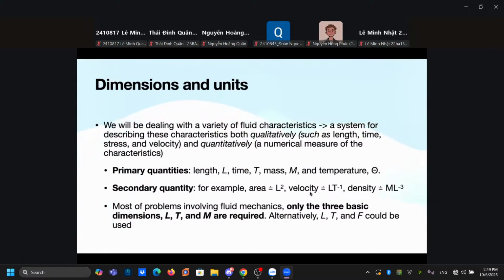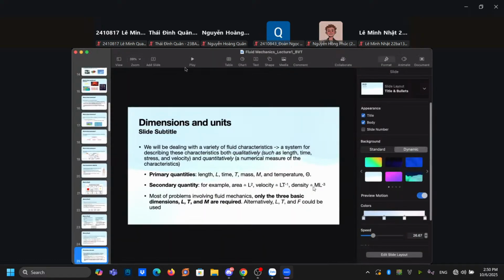Similarly, we have velocity. Velocity is distance divided by the time interval, where distance is given by the length.